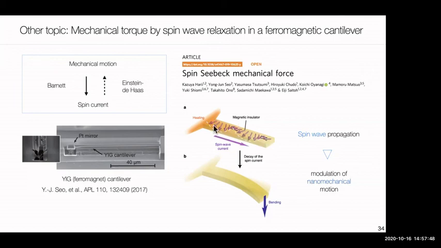When this spin wave relaxes, the spin angular momentum is converted into mechanical torque, and such mechanical torque excites the bending motion of the cantilever. This is a new type of Einstein-de Haas effect.